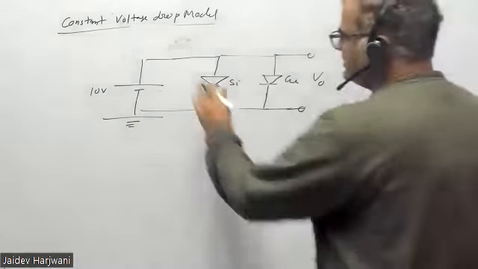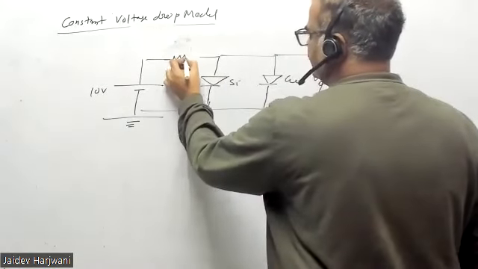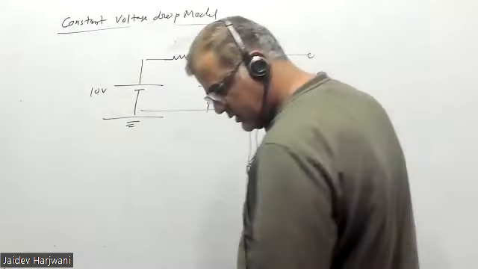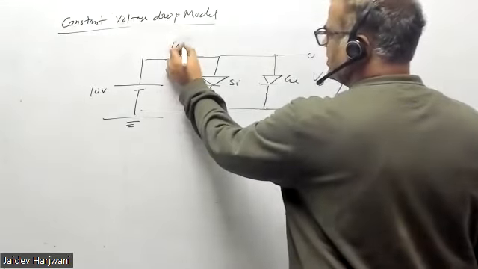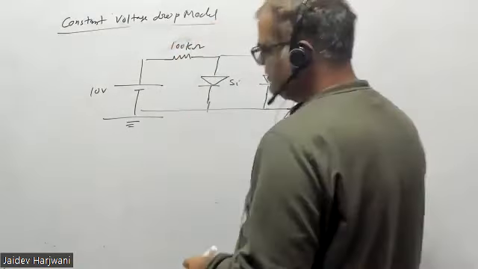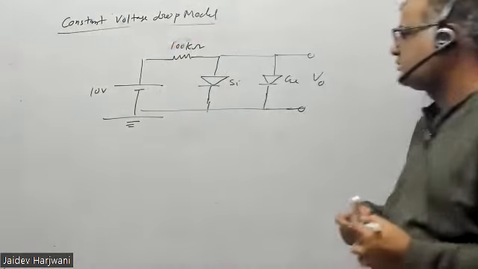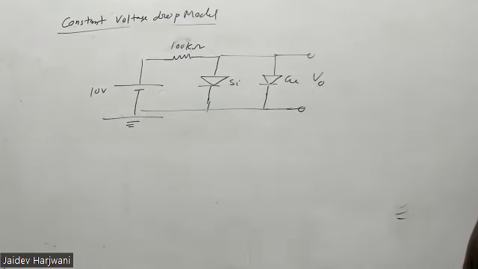Let me put a resistance here, and this resistance is 100 kilo ohm. Now tell me, what is the V output?